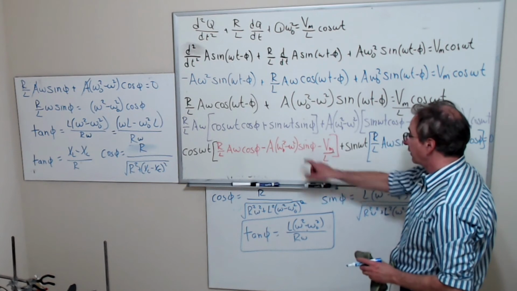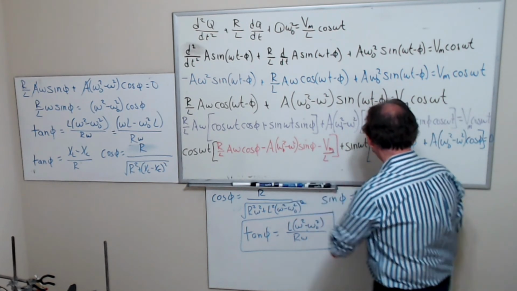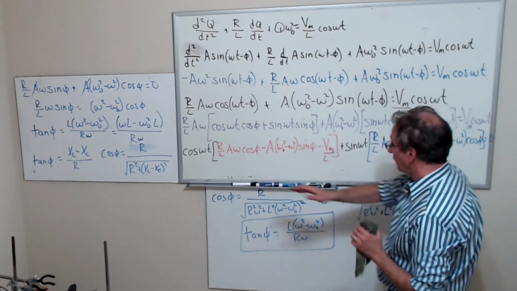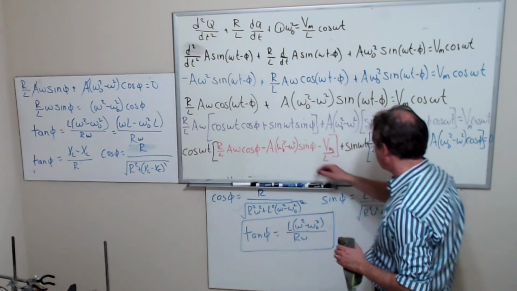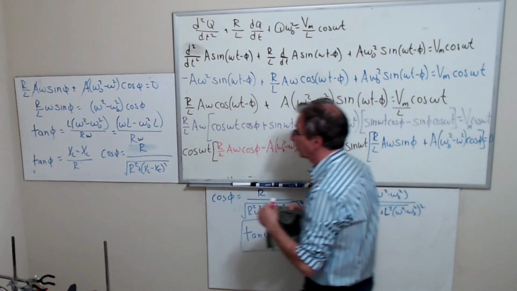So now I want to figure out what A is. So I figured out what phi is in my equation. Now I want to figure out what A is. So I'm going to look at this term in the brackets. And so I'm going to use the red marker. And then I'm going to come over here.